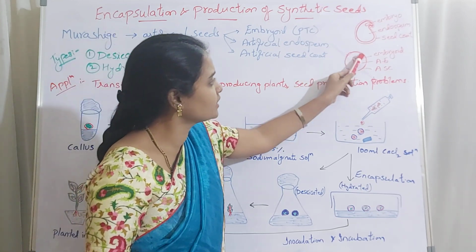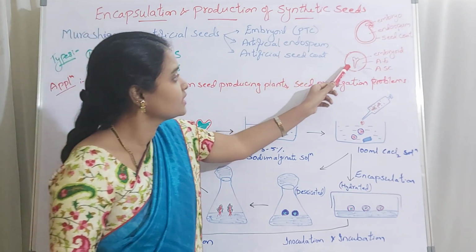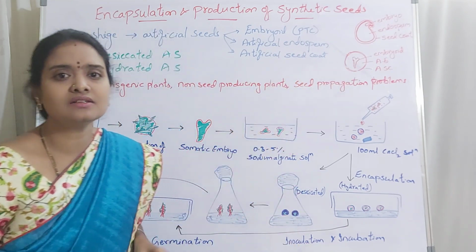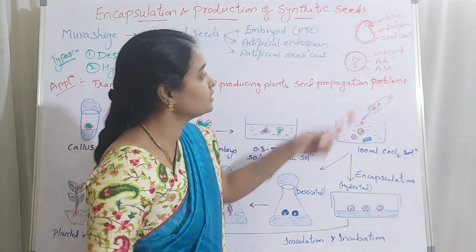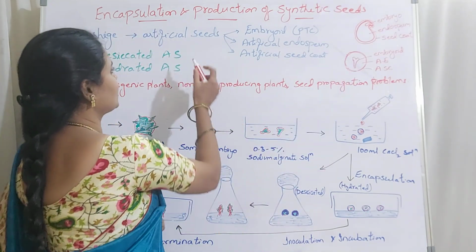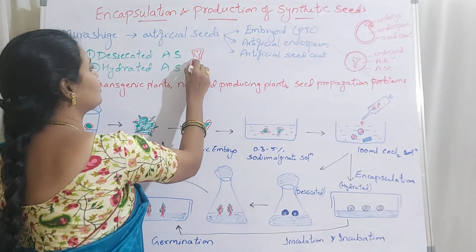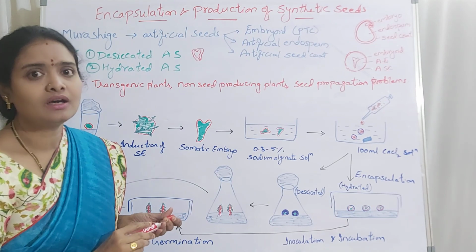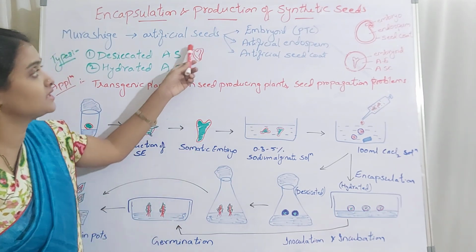All the water content or the moisture content will be lost. As a result, the desiccated or shrunken seed will be there. The embryoid will be intact, but the gel will shrink or get dried to form a hard coat-like structure, which is referred to as desiccated seed.